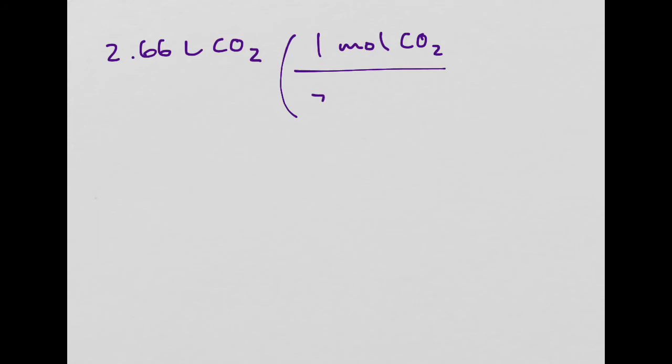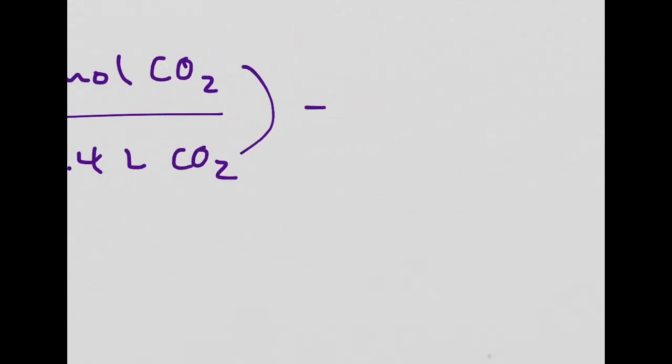So this looks like 2.66 liters of carbon dioxide, and my equivalency is 1 mole of carbon dioxide over 22.4 liters of CO2. When I complete this and put it into my calculator, I get this value.